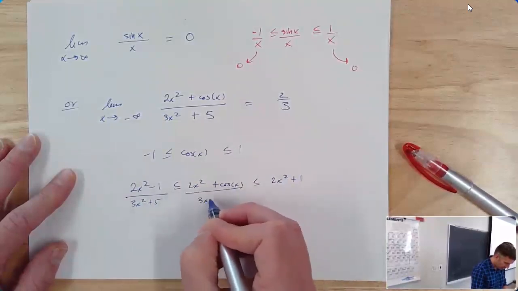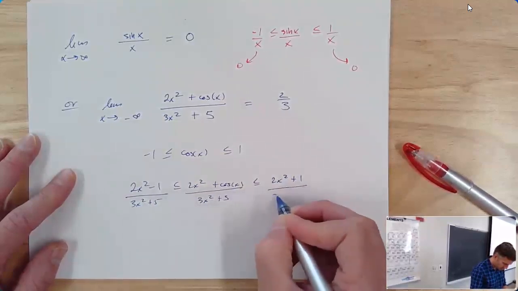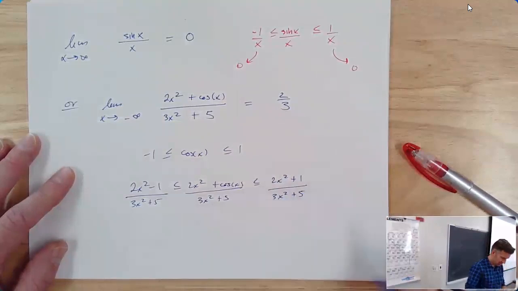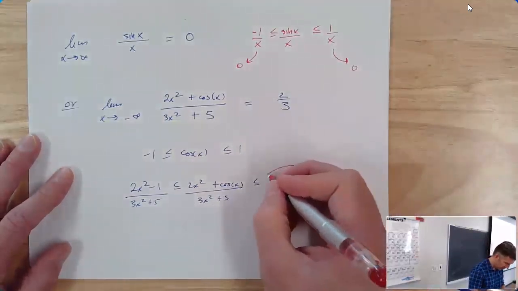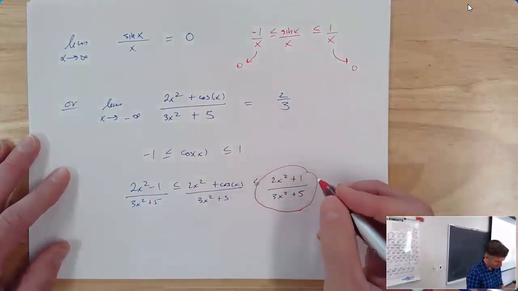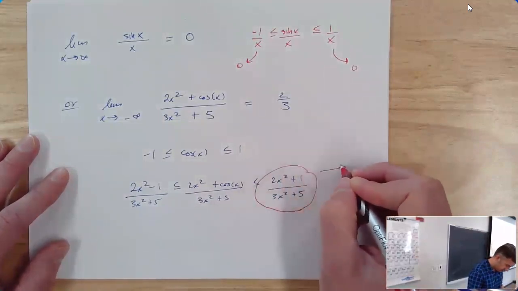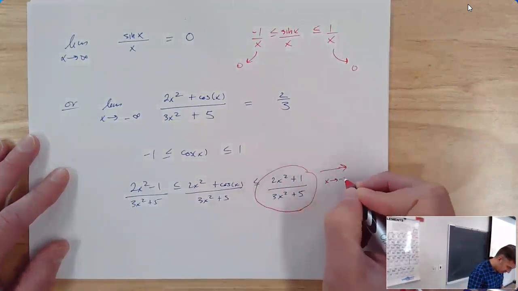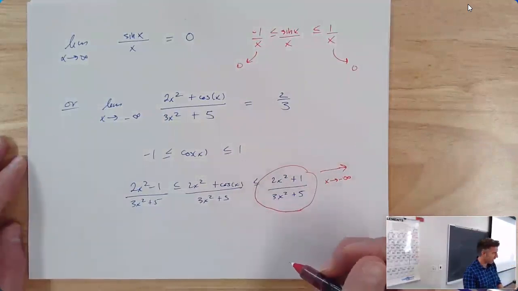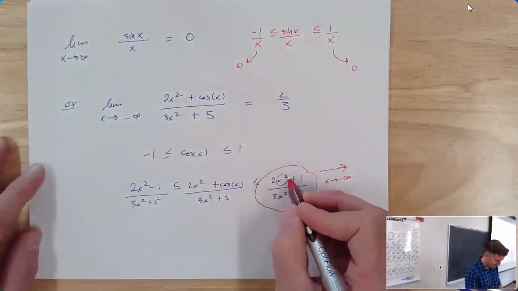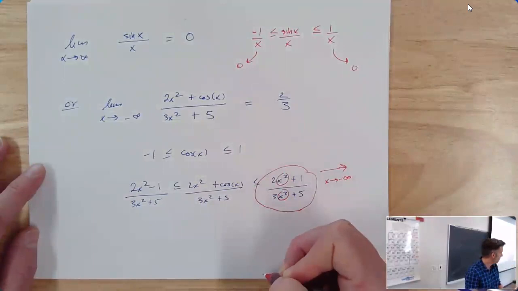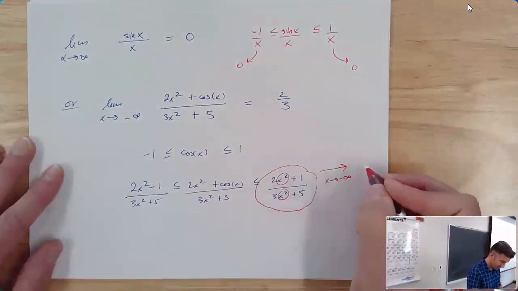And then I'm going to ask all of you, if I take the limit as x goes to -infinity of 2x squared plus 1 over 3x squared plus 5, since the degrees are the same, what's our limit going to be? 2/3.